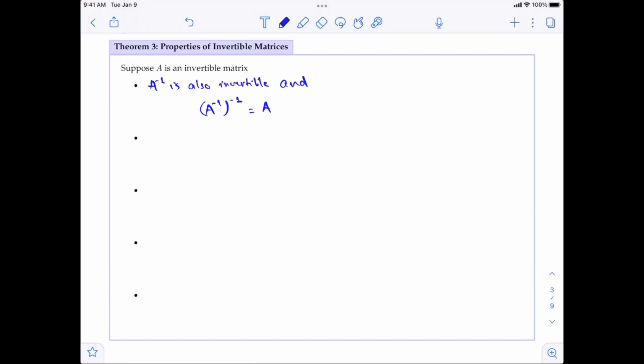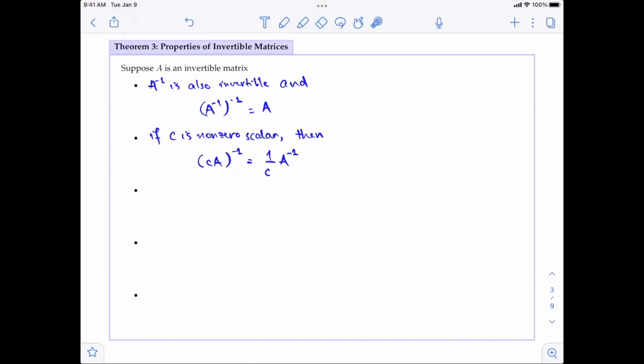Now, if C is a non-zero scalar, then C times A, then you take the inverse, is going to be equal to 1 over C times A inverse. Right.